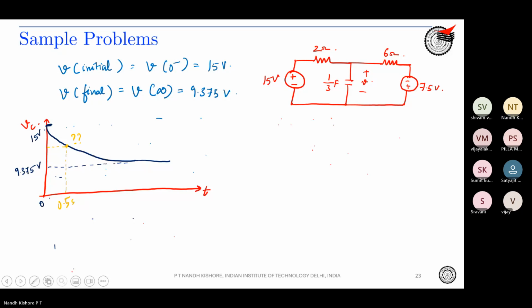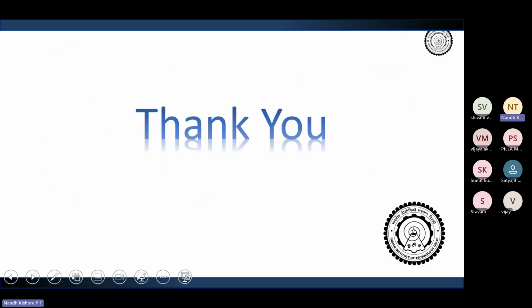Fine. So now the point is, how do we represent this? Graphically, this is very easy for you. How can I write this point? This point can be written as 9.375 plus something.